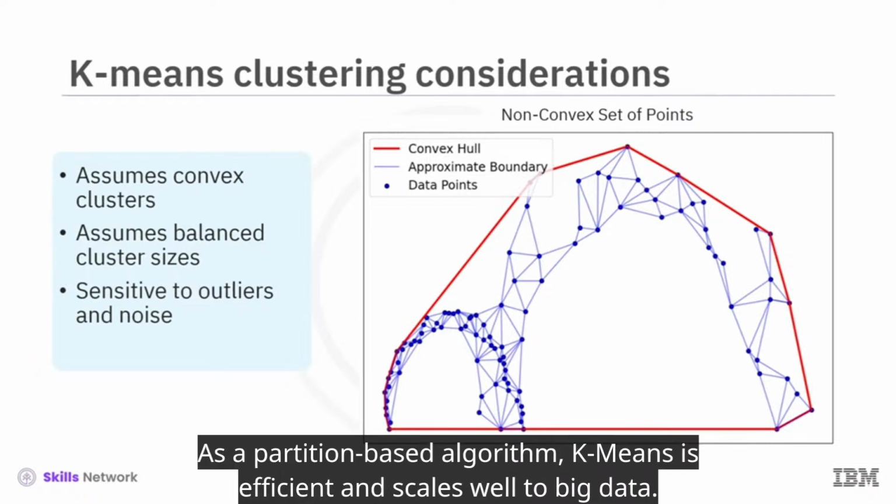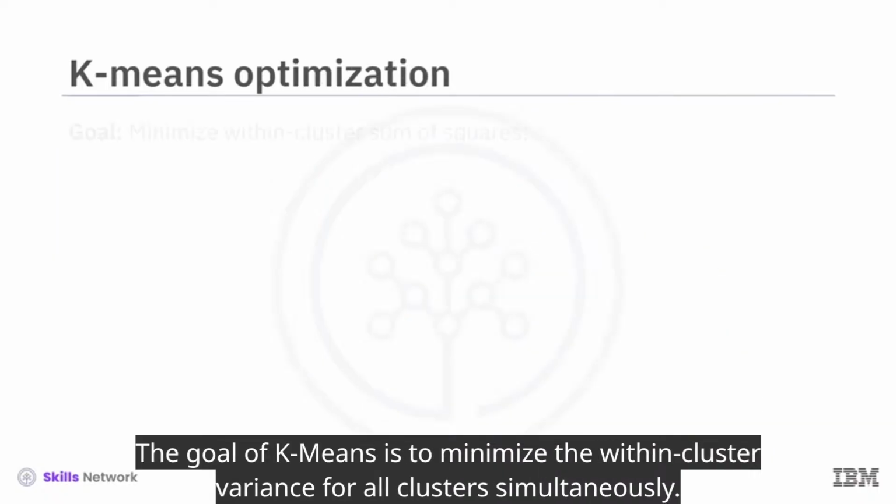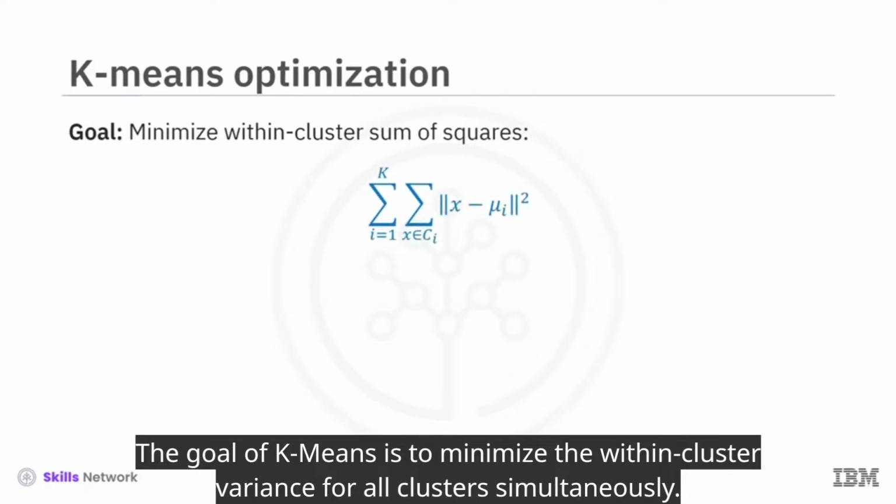As a partition-based algorithm, k-means is efficient and scales well to big data. The goal of k-means is to minimize the within-cluster variance for all clusters simultaneously.